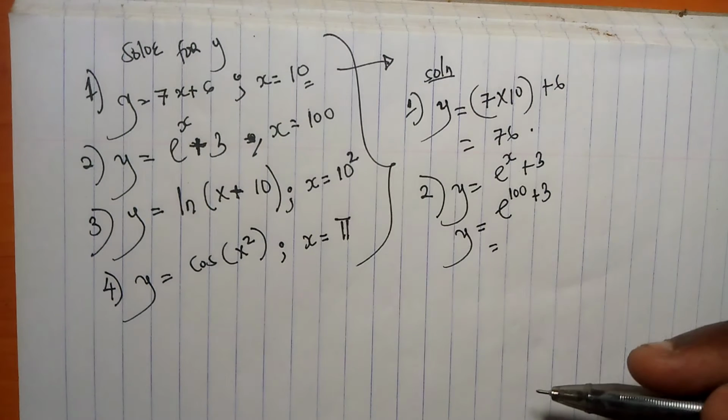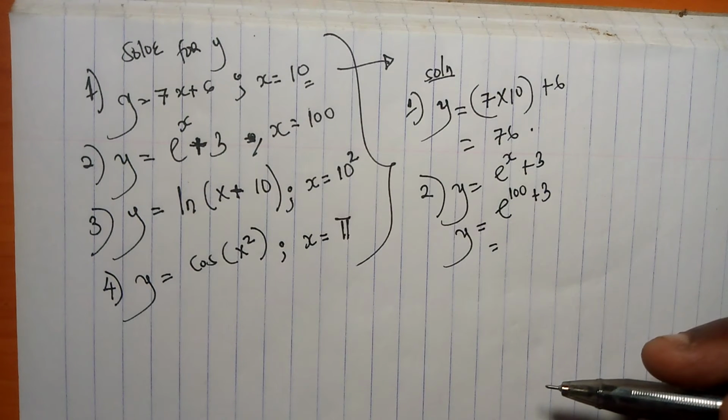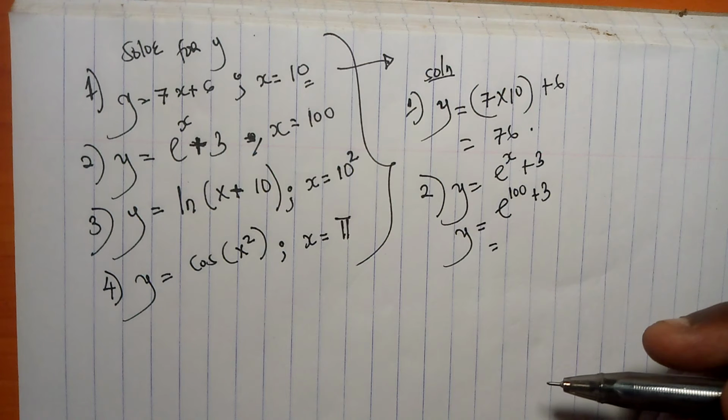So for the exponential, using a calculator, I can just take the exponential term. I'll go to shift. It is not difficult. Don't worry, I'm still getting my calculator. Okay, I've already gotten it. So I'll go to shift, and I'll go to this one.